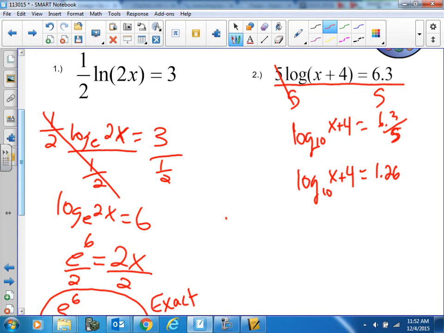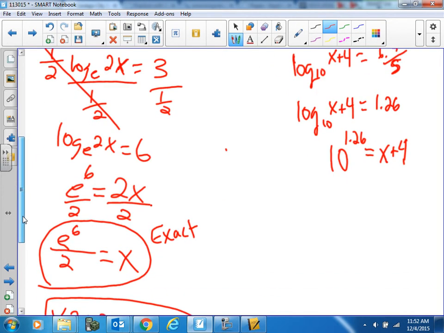Now, what is exponential form from here? 10 to the 1.26 power equals x plus 4. And then from there, we're going to subtract 4. So we have 10 to the 1.26 minus 4.